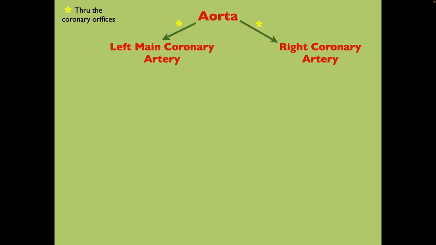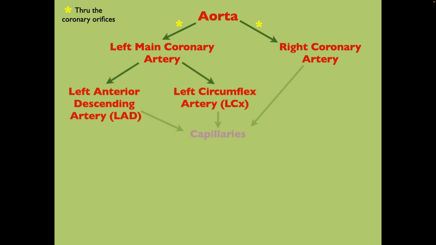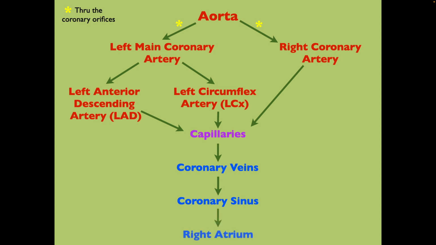Perfect. The LAD and the LCX. And then we go to smaller arteries and capillaries, we go to veins, and then we come back to what's called the coronary sinus, and then back into the right atrium. That's everything you need to know in this class about the circulation of the heart, okay?